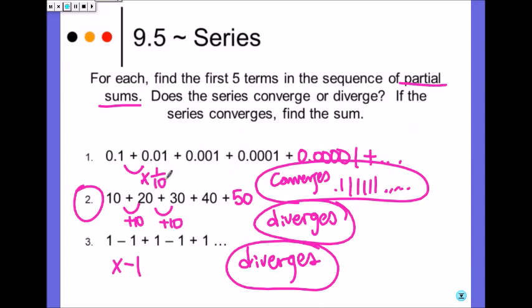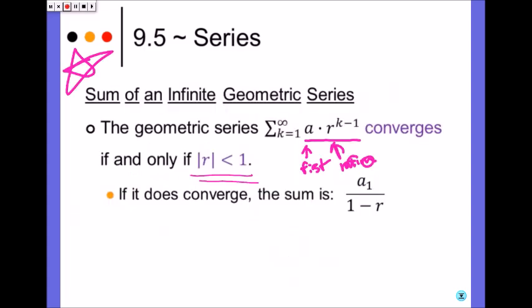You see, this was 0.1, which was less than 1. What about here? The absolute value of the ratio equals 1, which was not less than 1, so it diverges. So when the absolute value of the ratio is less than 1, then it converges, and it converges to the sum of this.